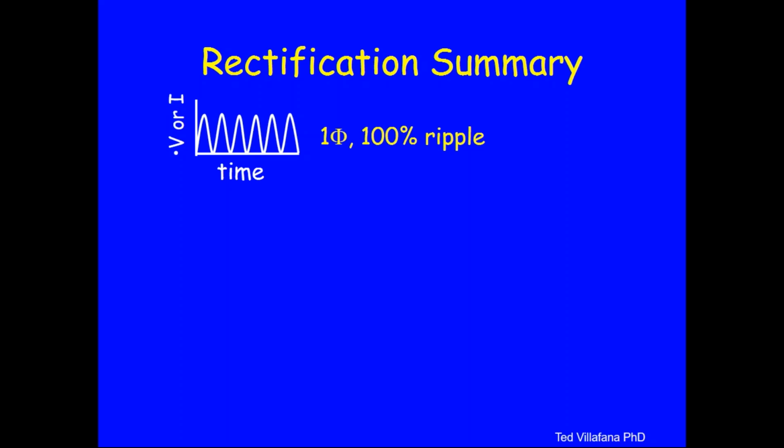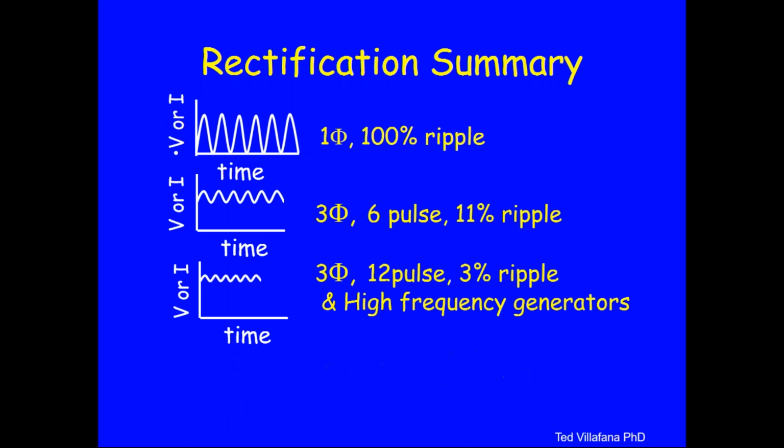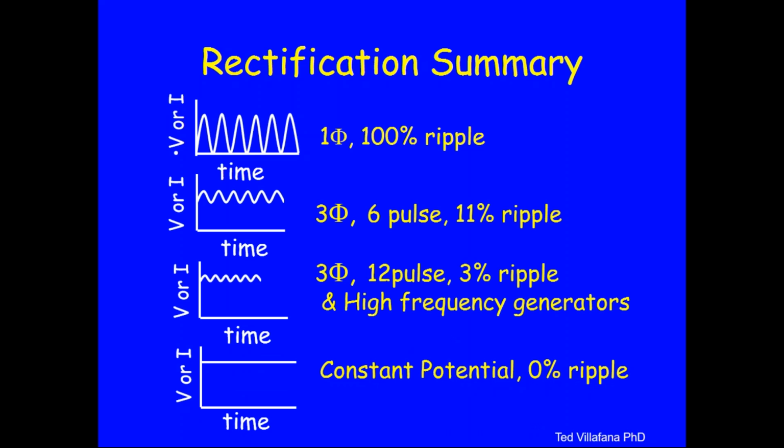Well, let's summarize this and put an end to this chapter. And there is your standard full wave rectified system with 100% ripple. We saw the 6-pulse system. We've seen the 12-pulse system. And now the high frequency generators, which are very similar to it. And then you have a constant potential where there is zero ripple.